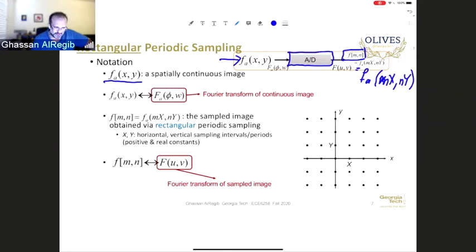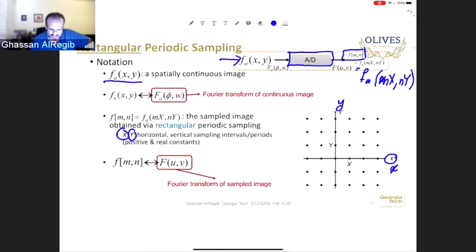So capital X and capital Y, respectively, are the horizontal and the vertical sampling intervals or periods, meaning that if this is my x-axis, this is my y-axis, and imagine that we have a two-dimensional continuous signal covering this plane, then what you used to have in the 1D case, we have capital T, the periodicity of our sampling.